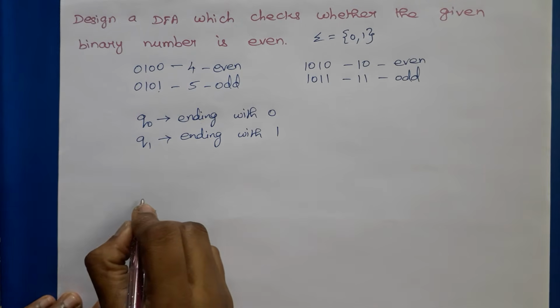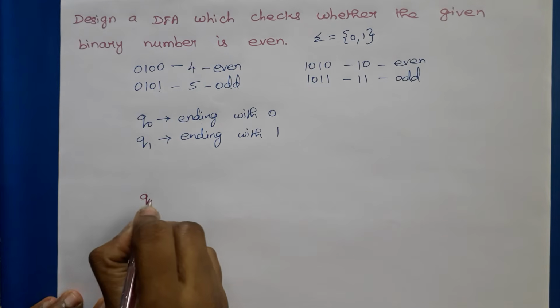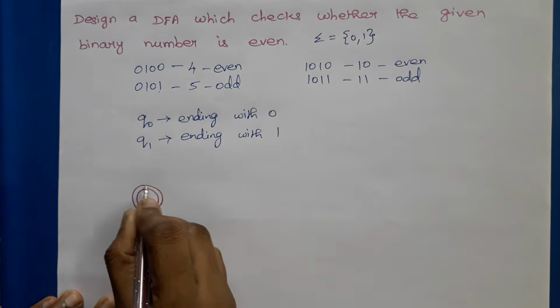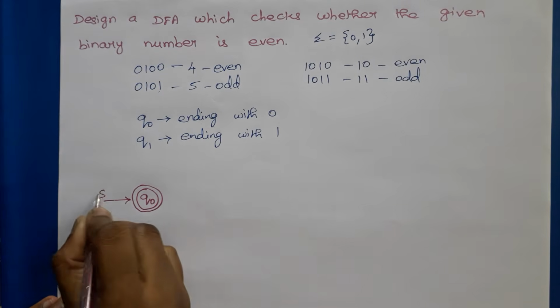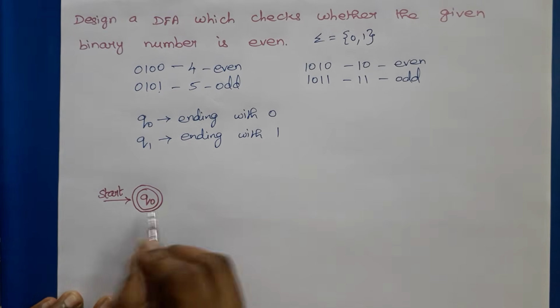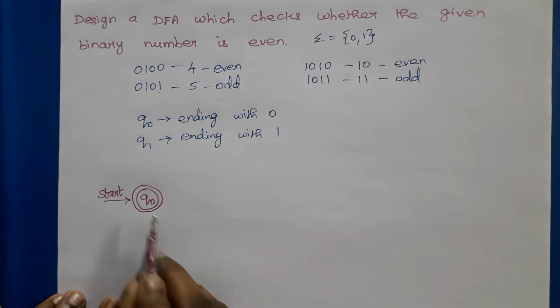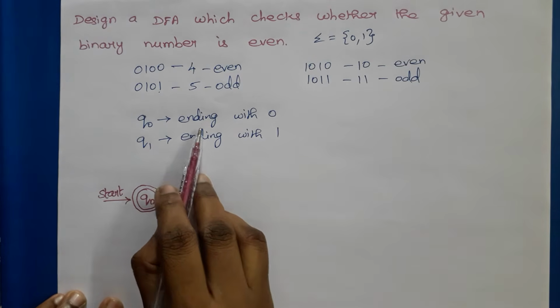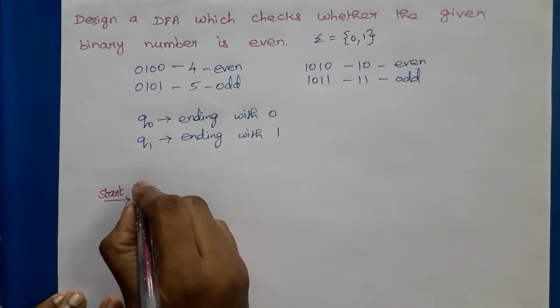So now we will construct the DFA diagram, the transition diagram. Q naught is start state as well as final state. In Q naught, if 0 is the next input, then it should remain in the same state, right? Because the string ends with 0.